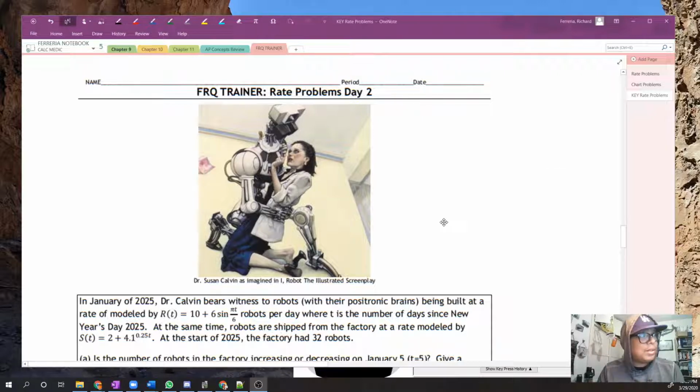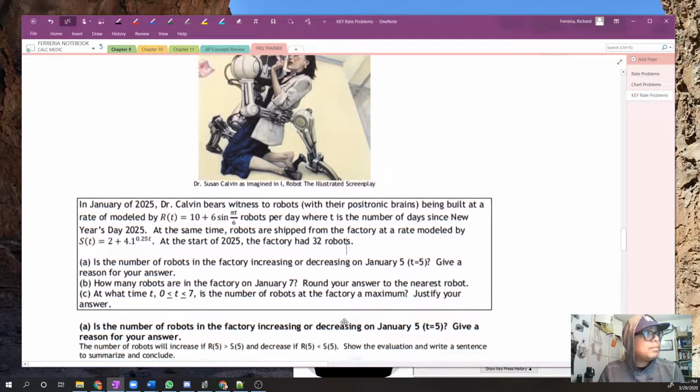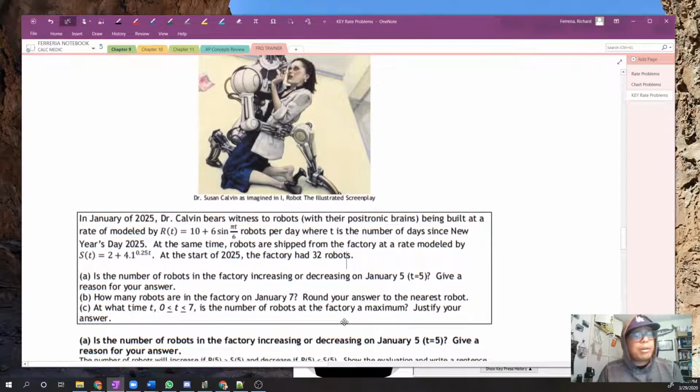So let's look at the questions now. Is the number of robots in the factory increasing or decreasing? Similar to what we did yesterday. How many robots are in the factory on January 7? Again, that's very similar to what we did yesterday.